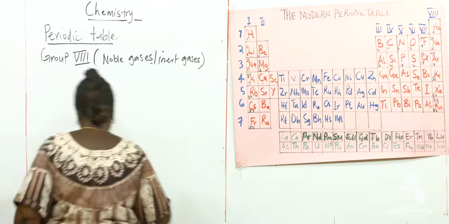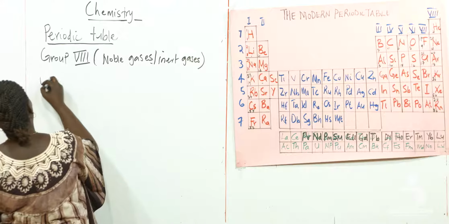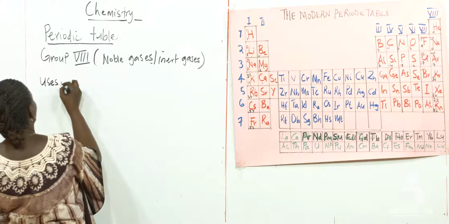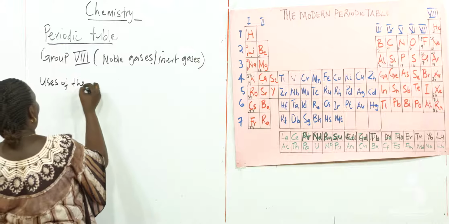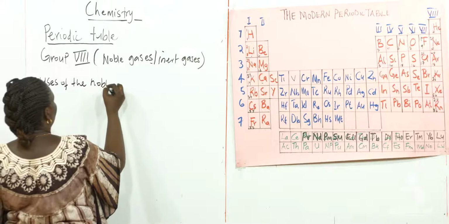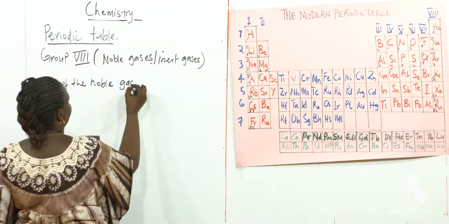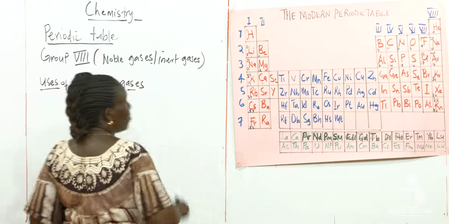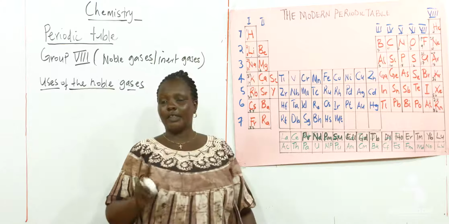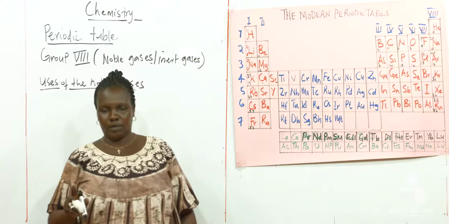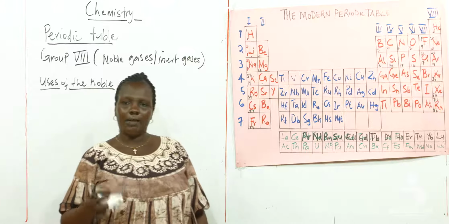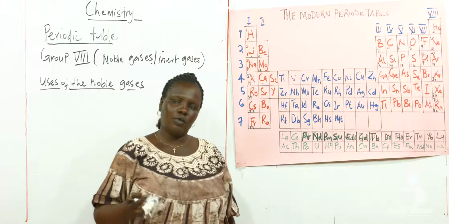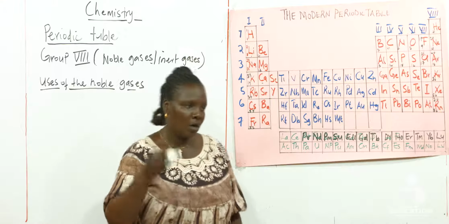So let us look at the uses of the noble gases. We say that in nature, mostly they exist in an uncombined state. They don't react with other elements under normal conditions, or we say their reactivity is very low.